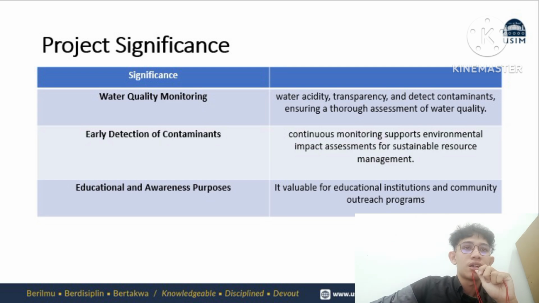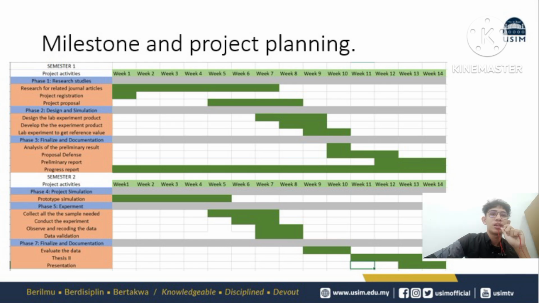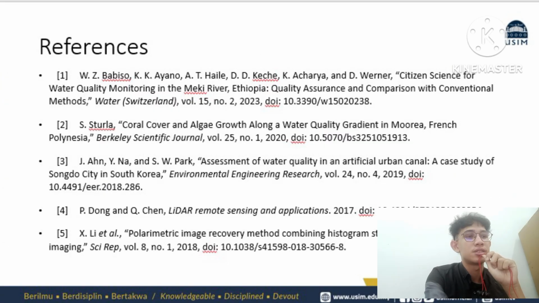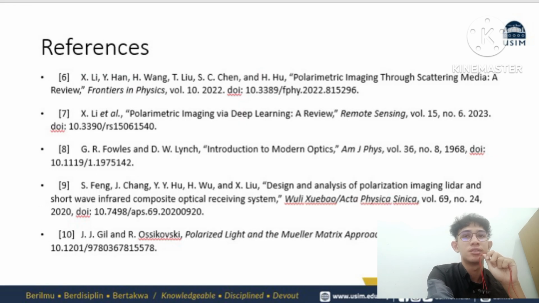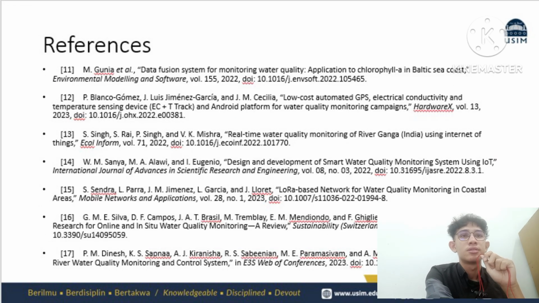Lastly, I would like to propose the idea for educational and awareness purposes. It is valuable for educational associations and community outreach programs. This project is the learning that I have created from what I have studied and read. So that's all for me.